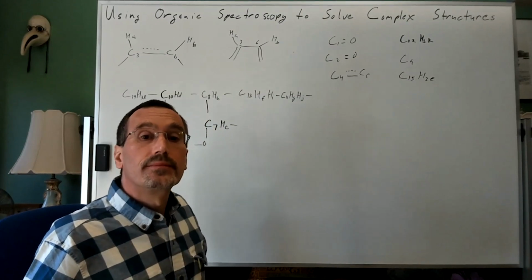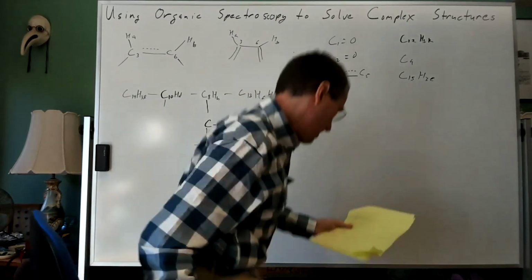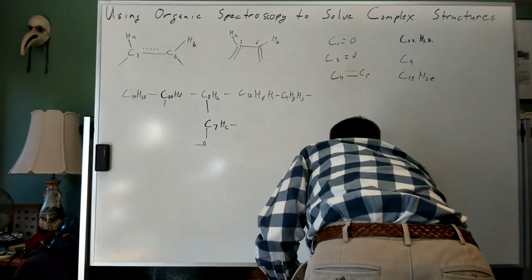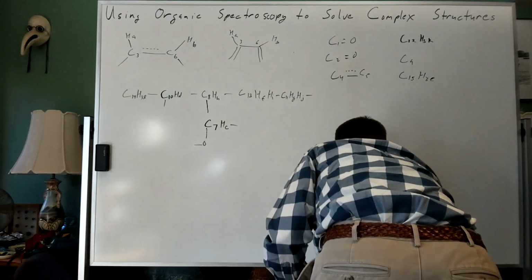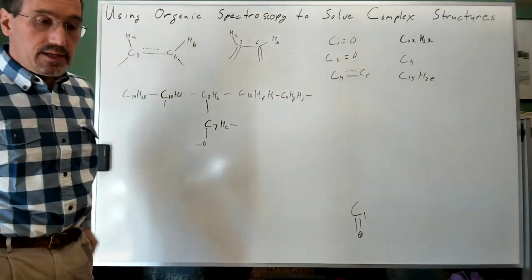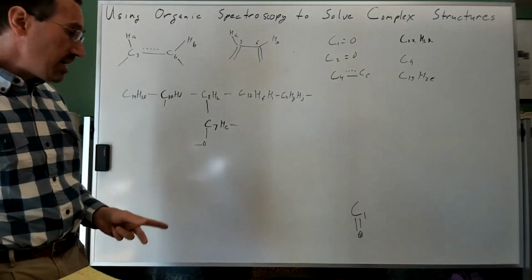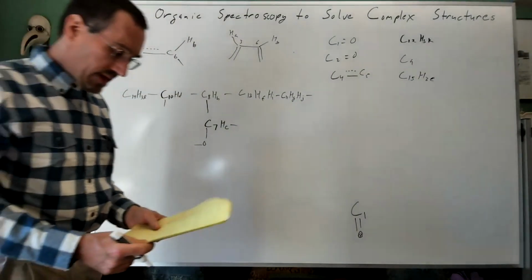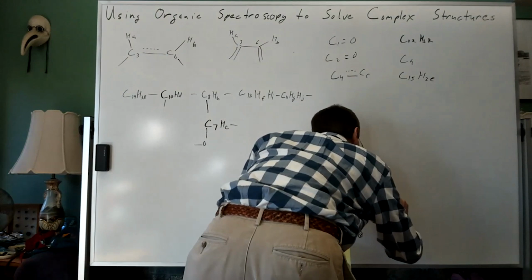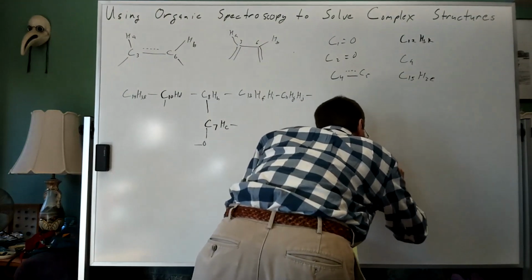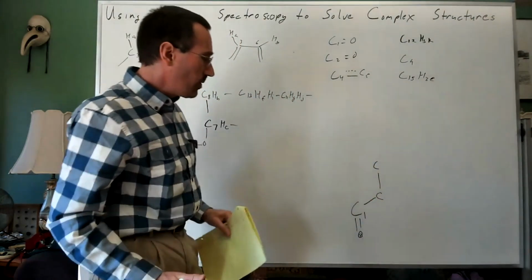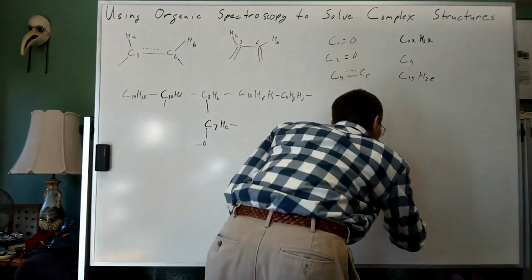So I want to show you what we're getting at this point. We have our carbonyl number 1. And our carbonyl number 1 is crossing with 3, and it's crossing with 6. And so we have to have C3 or C6 connected, and they're connected to each other, but I don't know which is which.